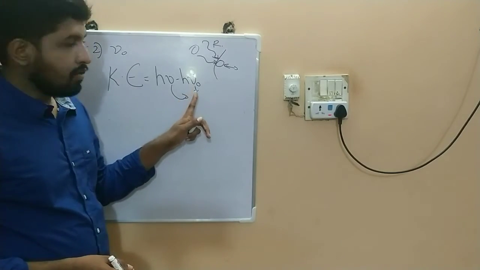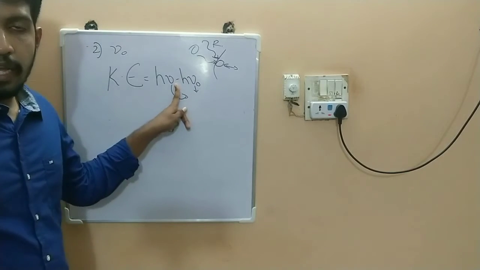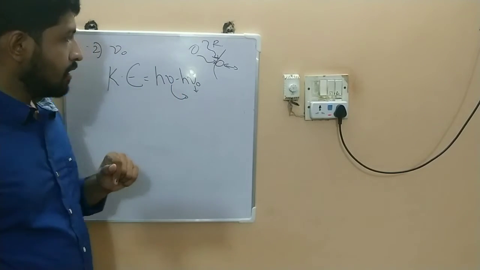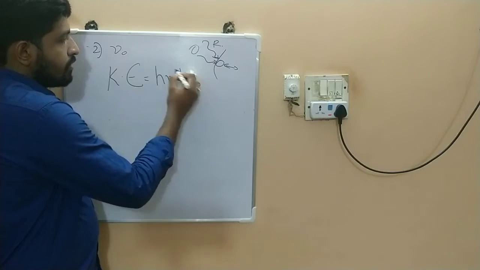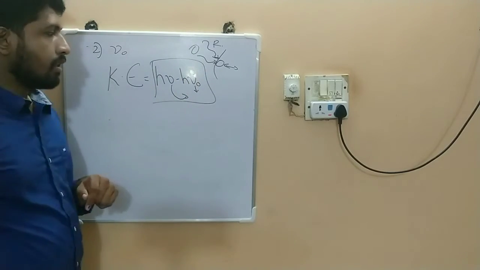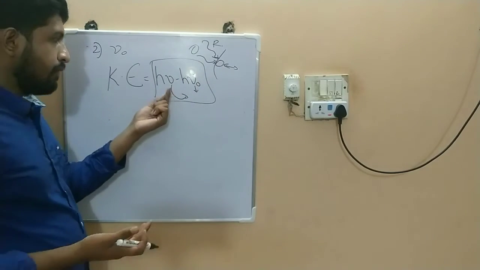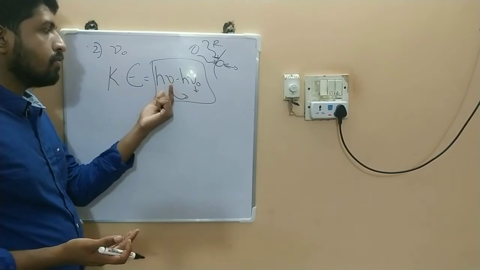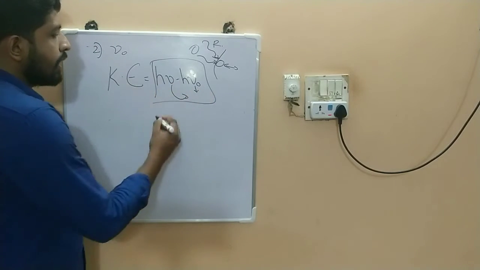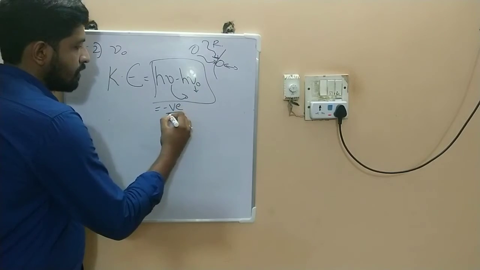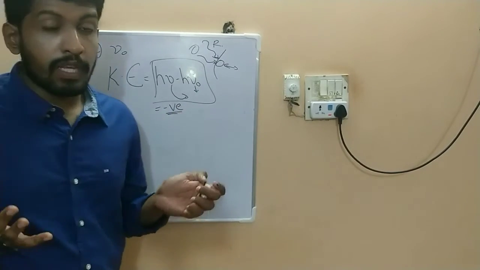When the frequency is less than the threshold frequency, this whole term becomes negative. If nu is less than nu 0, h nu is less than h nu 0, so the whole term becomes negative. Kinetic energy of an object cannot be negative.